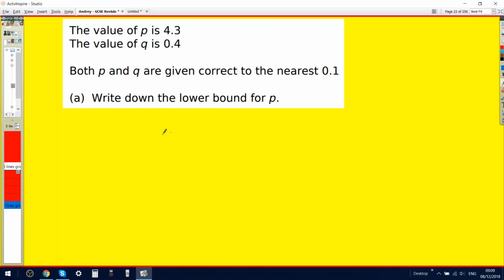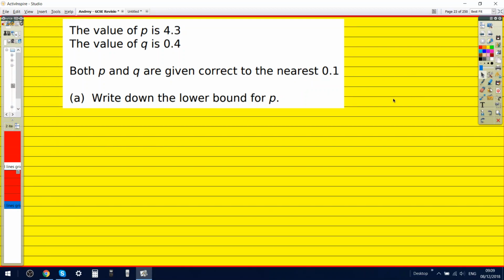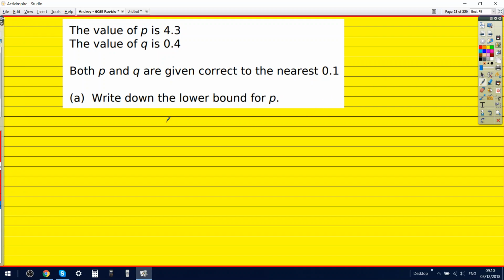How about this one? Value p is 4.3. So I'll do 0.1 divided by 2, so 0.1 over 2, which is 0.05.